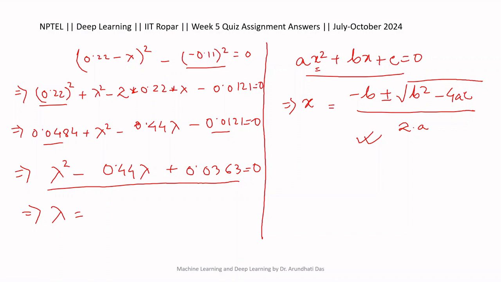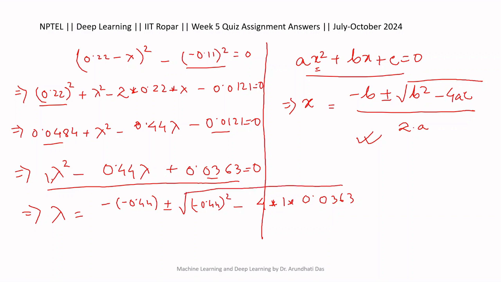So first will be minus of minus 0.44 plus minus root over minus 0.44 whole square minus 4 multiplied by, here a is 1, right? So 1 multiplied by the last value, the c value, which is 0.0363.